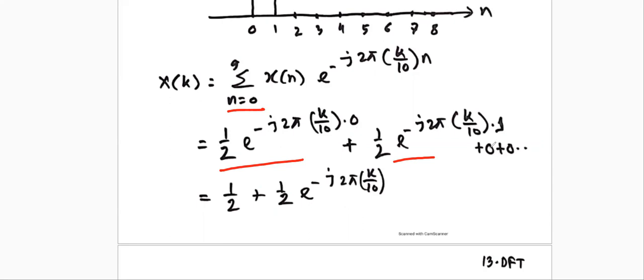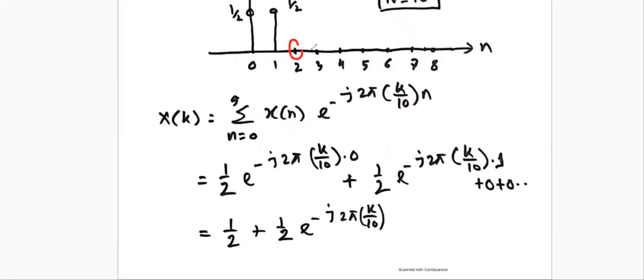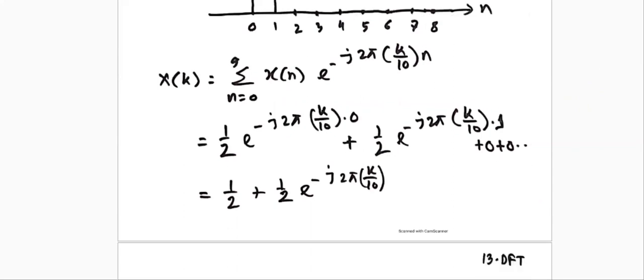For n equal to 2 to 9, all the values are zeros, because at that moment the magnitude is 0. That means x2, x3, all those values are representing 0. That's why they result in the value 0 as well.